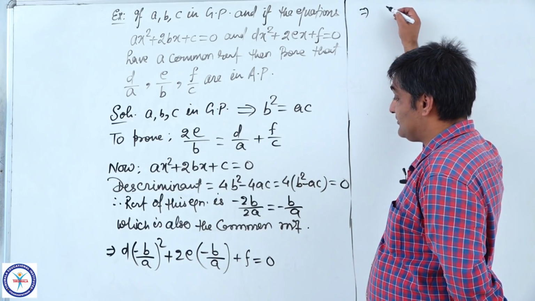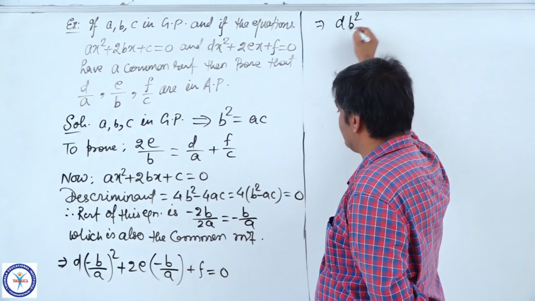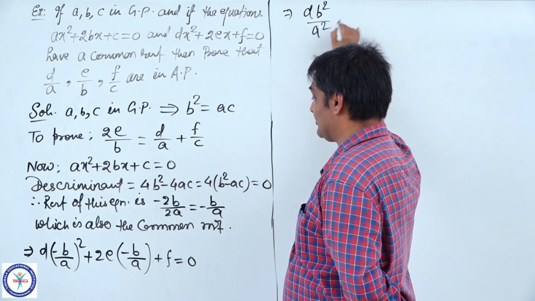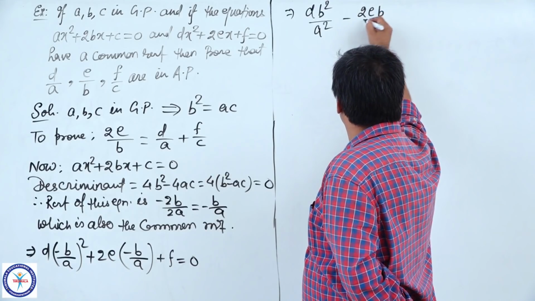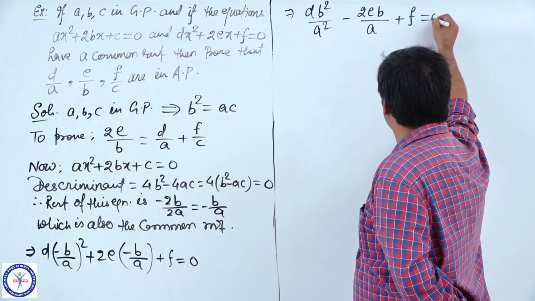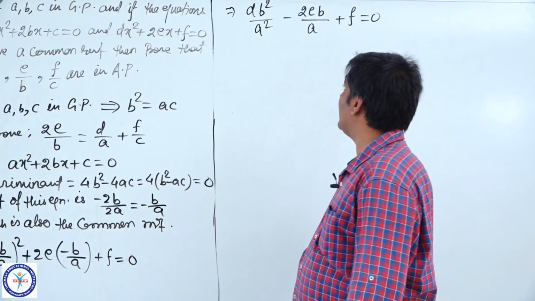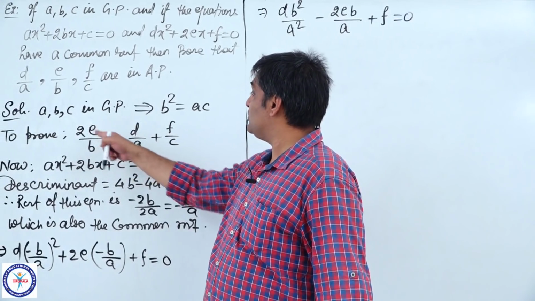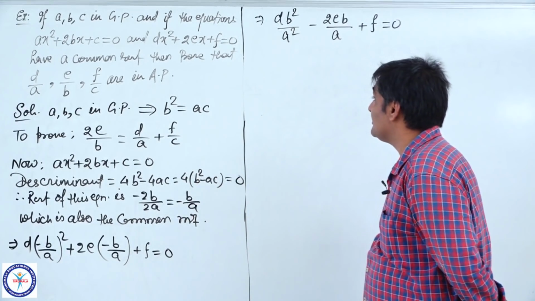We can also see that d(b²/a²) - 2e(b/a) + f = 0. Now we have to prove that 2e/b = d/a + f/c.